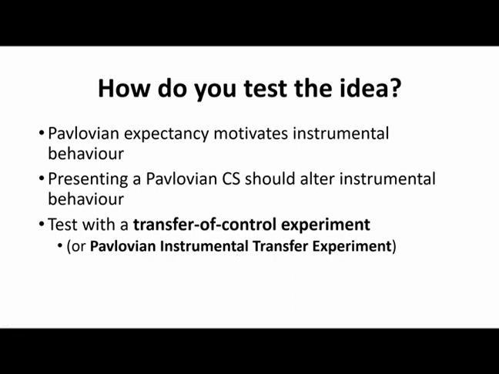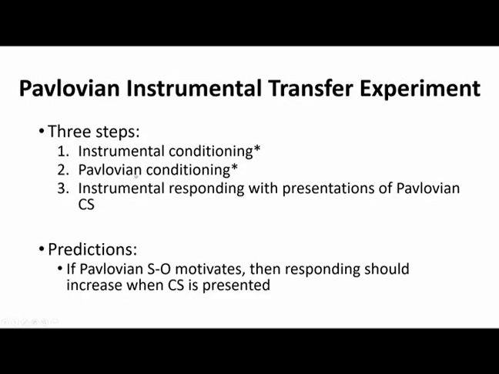And the theory behind this is that if a Pavlovian SO association is motivating the instrumental behavior that we're seeing, then presenting a Pavlovian CS should alter our instrumental behavior that we end up observing. So what does this process look like?